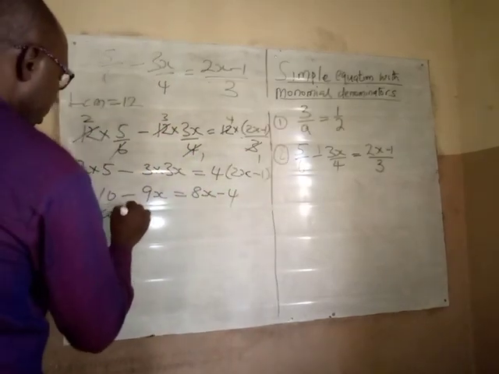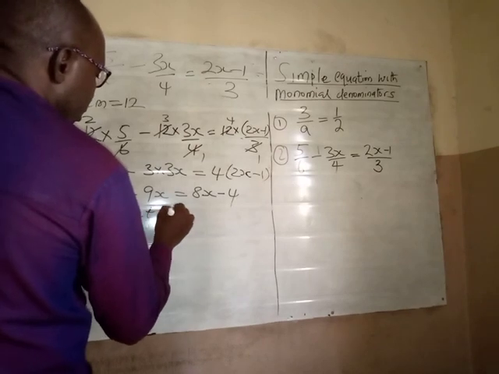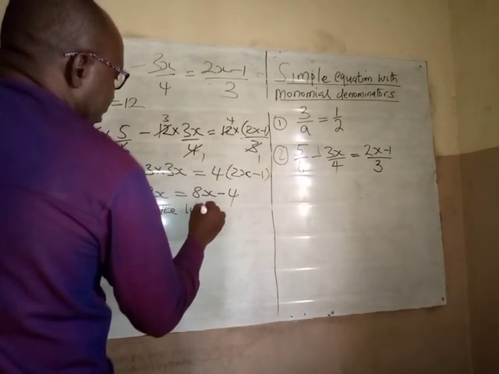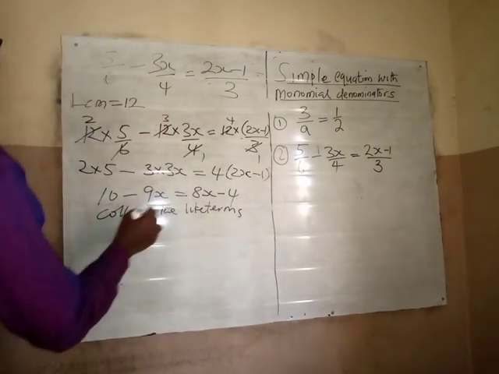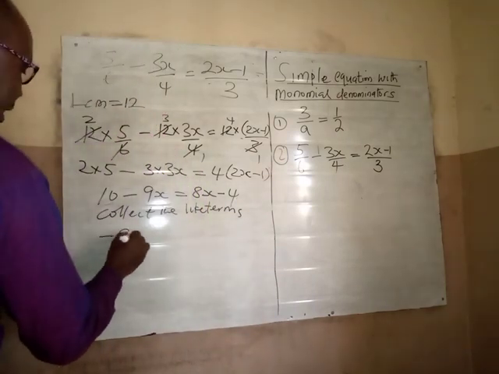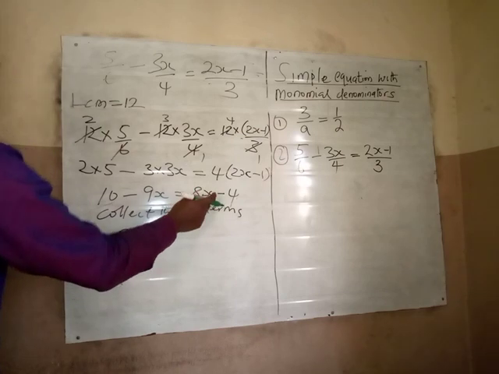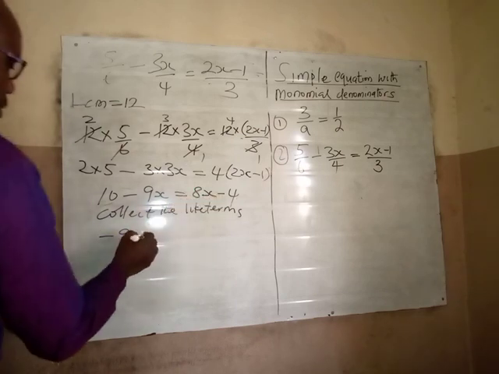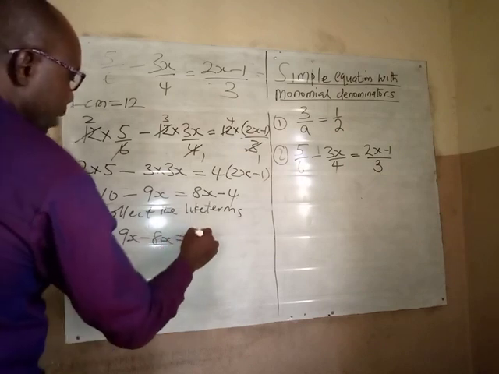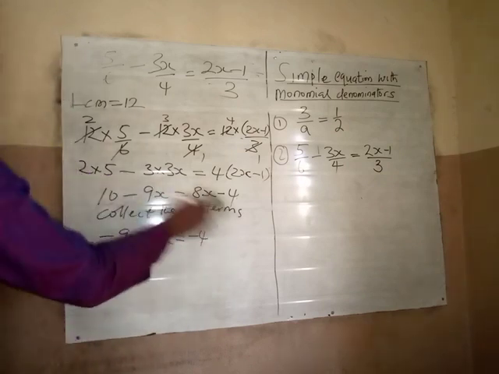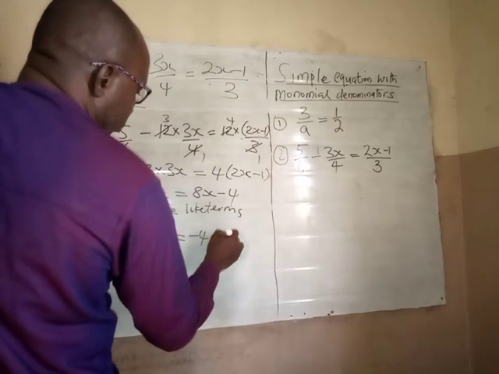Collect the like terms. So what we now have is minus 9x, and 8x crossing the equation becomes minus 8x, equals, we already have minus 4 here, plus 10 crossing the equation will give you minus 10.